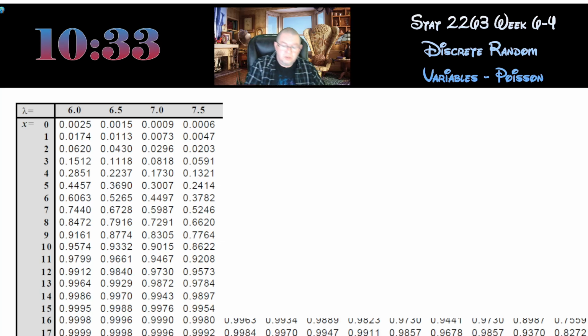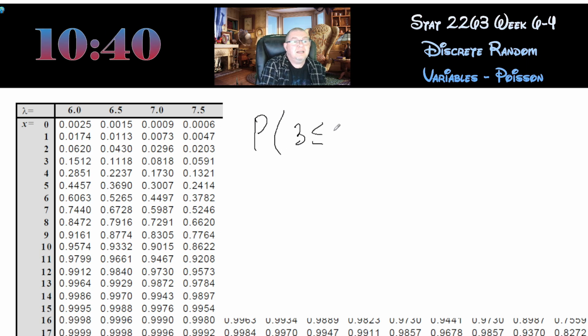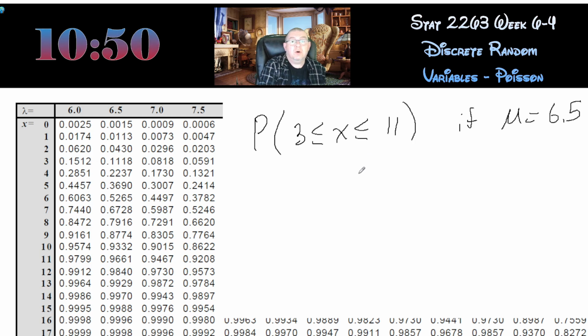Okay, so suppose for the Poisson question, I ask what's the probability that 3 is less than or equal to x is less than or equal to 11 if mu equals 6.5. So here, how do I want to do this? For these type of questions, personally, I like to do this.